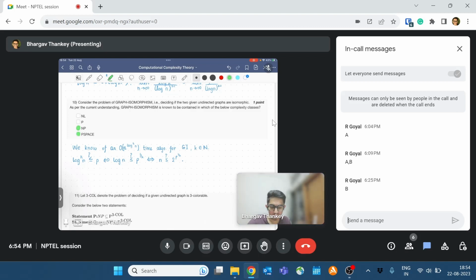As of now, we only know that C and D are correct. Some people believe that B is also correct, but most people believe it's not.